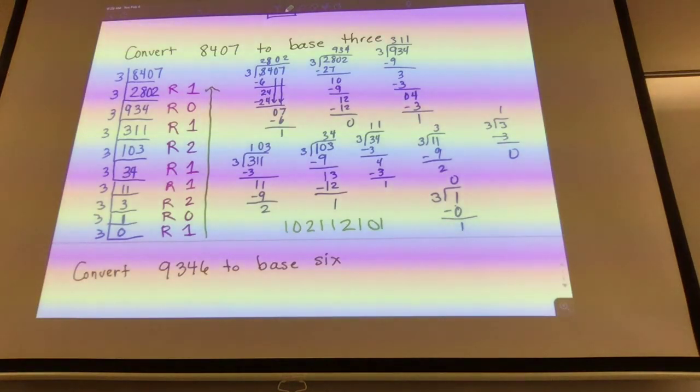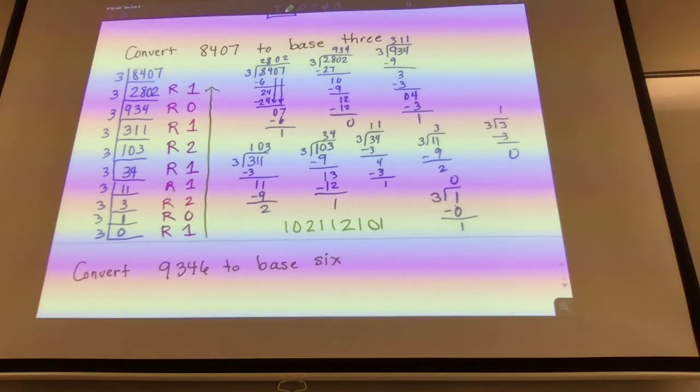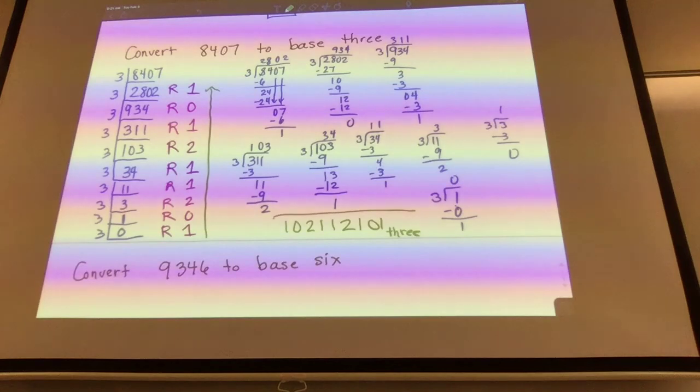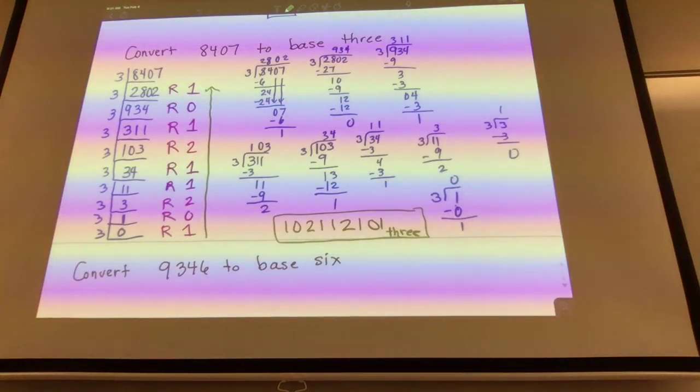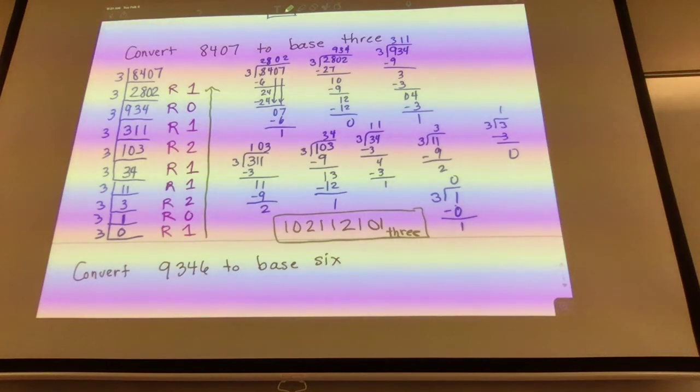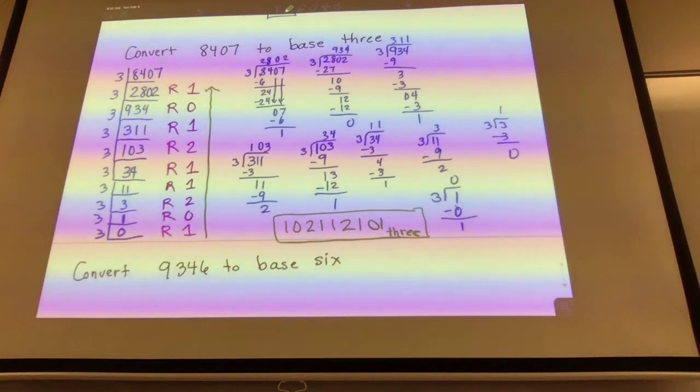Make sure we got 1 0 2 1 1 2 1 0 1, and you would put base 3 underneath it. So basically, you start with the value and divide it by 3 each time, and whatever your remainder is, we write from the bottom up. And this in base 3 represents 8,407.